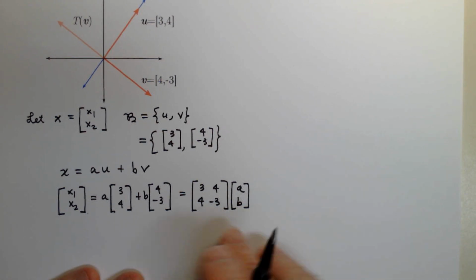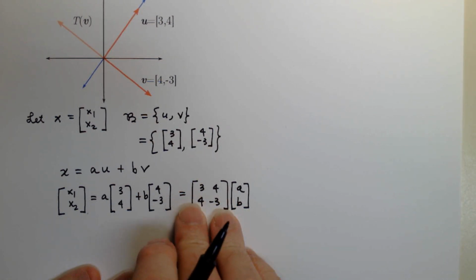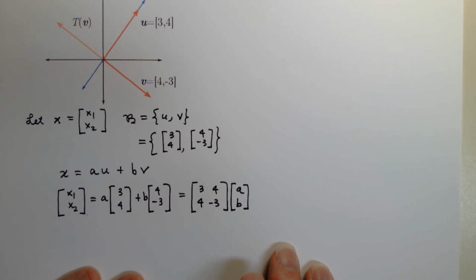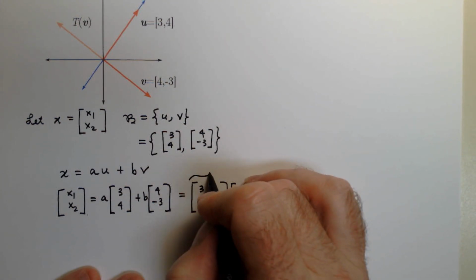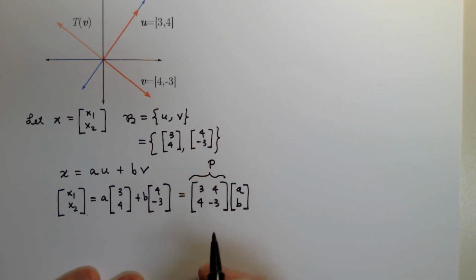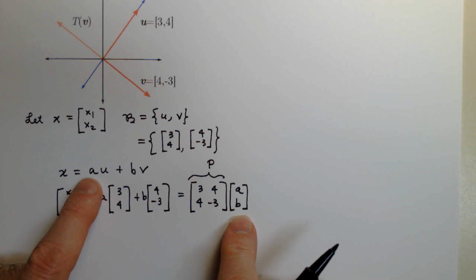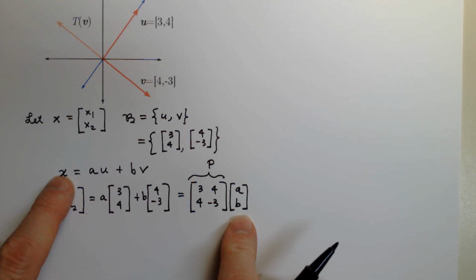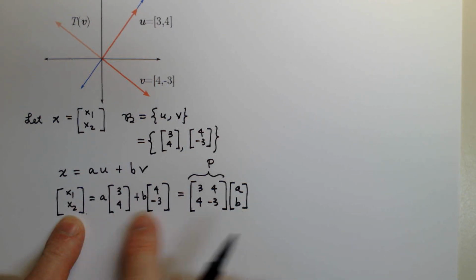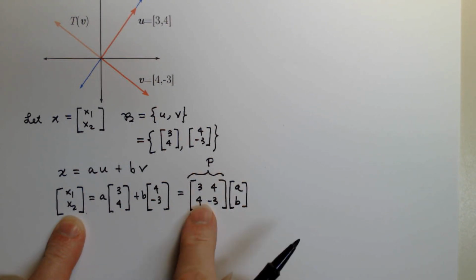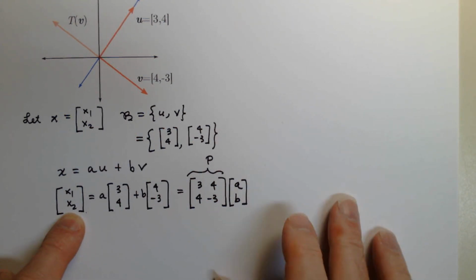Now, we're going to want to highlight this matrix. This is the matrix whose columns come from our basis vectors. I'm going to call that matrix P. And so if I want to calculate the relationship between a and b and the components of this vector x, they're related through this matrix multiplication. x is equal to the matrix P times the column vector a, b.